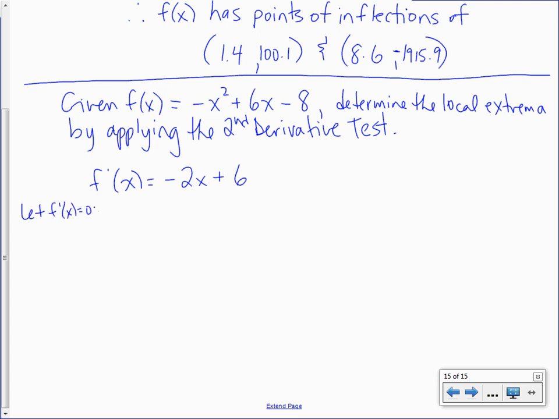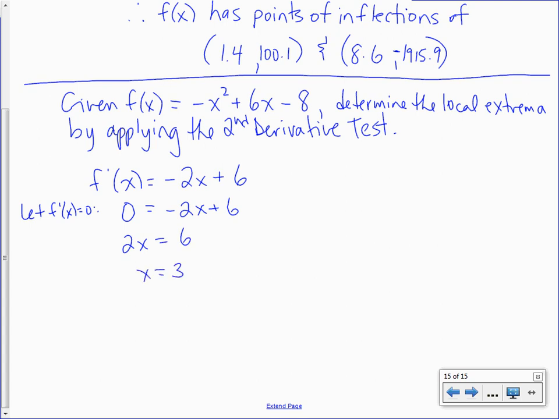You still need to figure out the potential locations of the mins and maxes. You still need critical numbers. 0 equals negative 2x plus 6, just easily solvable, guys. 2x equals 6, x equals 3.